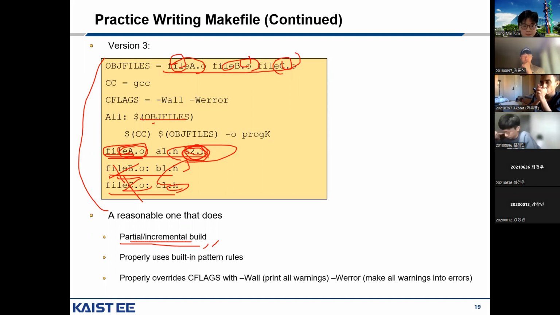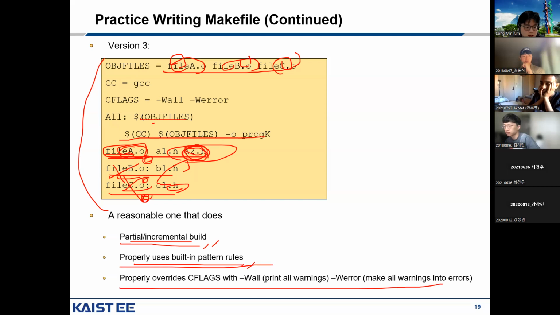File A.o. And it properly uses built-in pattern rules, right? It does not have any rules here, so it uses the built-in rules, right? And also it properly uses CFLAGS of -Wall and -Werror, right? So CC is GCC.